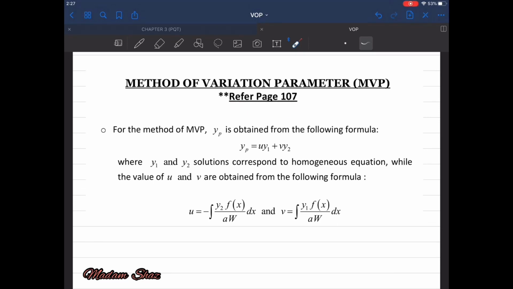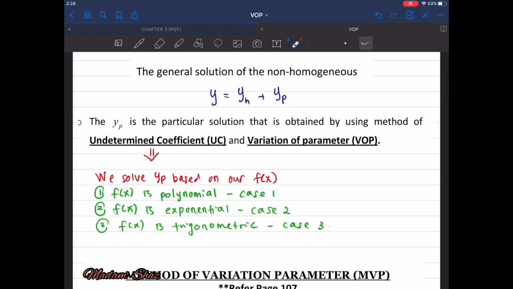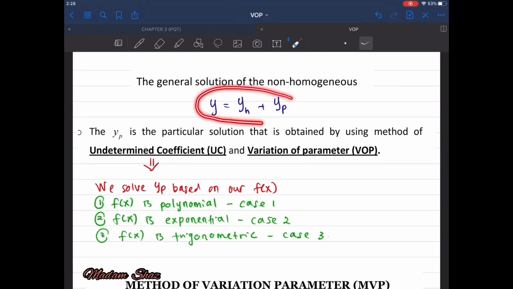Before I explain what the method of variation of parameter is, let us recall the solution for the non-homogeneous equation. The solution for the non-homogeneous equation is y equal to yh plus yp.